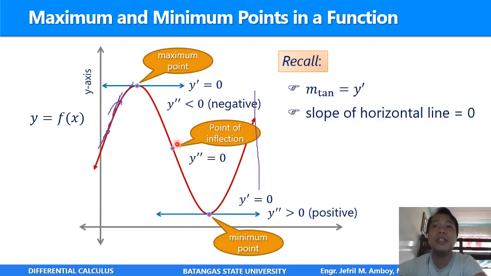And another important point is the point of inflection where the concavity of the graph changes. And the important thing that we need to consider is that at the point of inflection, the second derivative is always 0. Okay? So, if you understand this well, then you are ready to solve maximum and minimum problems or yung tinatawag natin na optimization problems. Okay?